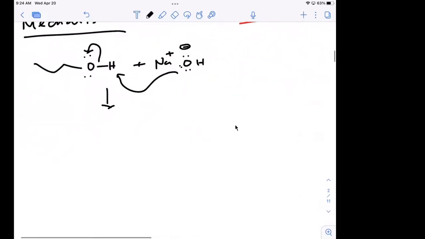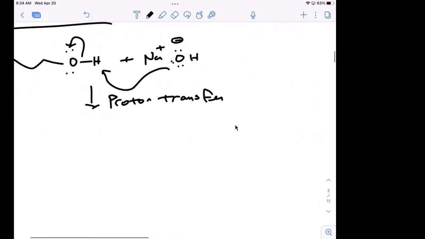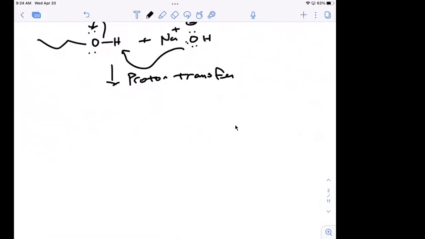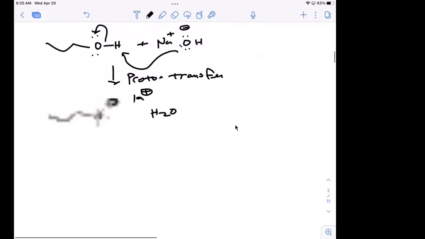And what I'm doing in the process is making the oxygen more nucleophilic. So sodium will end up hanging out here. By taking off the proton from the oxygen, I made it more nucleophilic. So now it's a better nucleophile.